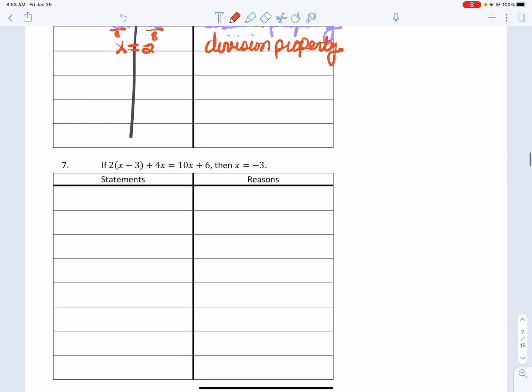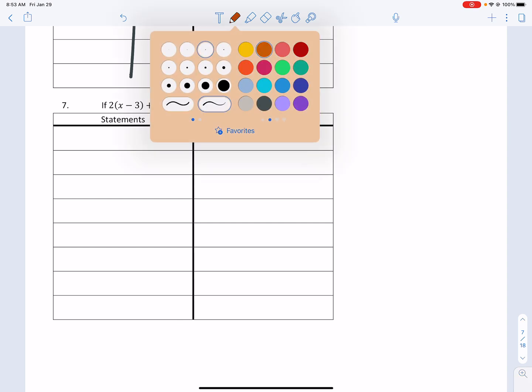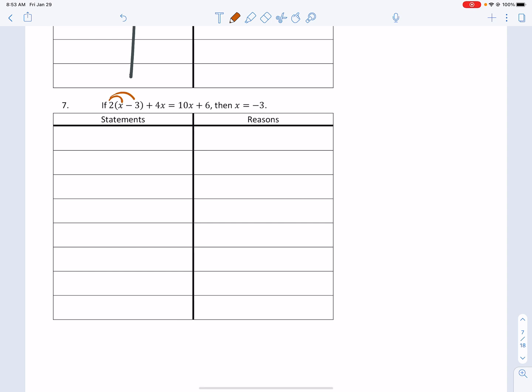Okay, so we're going to try this again where you do this and you hit pause. So I would like you to try this question and hit pause, and then we'll go over it. Pause. All right, so order does not matter on this. I like to get rid of my parentheses first.